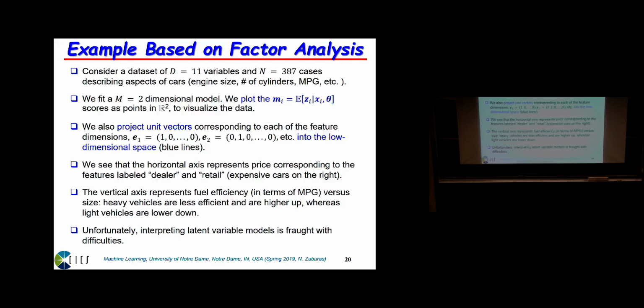We want to do model reduction of this high dimensional data and project them in 2 dimensions. So the plot I'm going to show you takes this data and projects it from 11 dimensions to 2. In addition, it projects the unit vectors in the 11-dimensional space, these vectors 1, 0, 0, 0, 1, 0, 0, etc., in 2 dimensions as well.